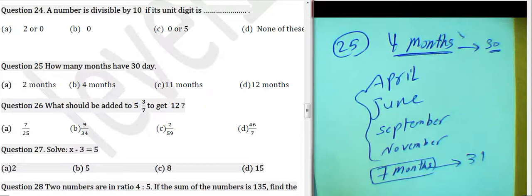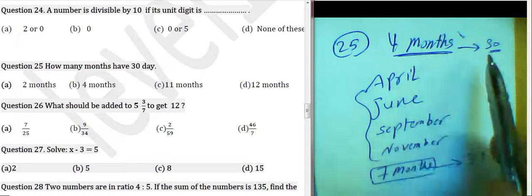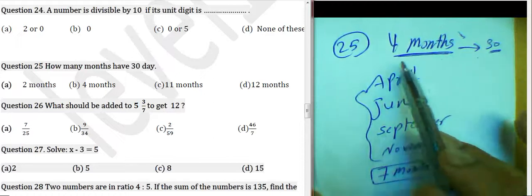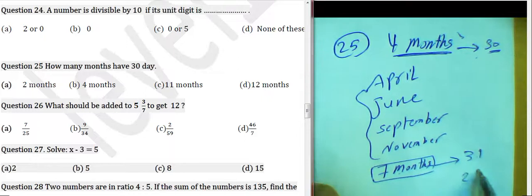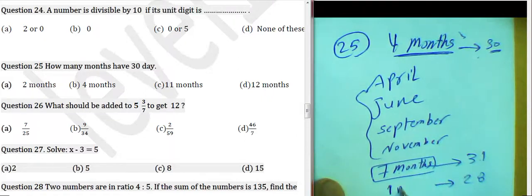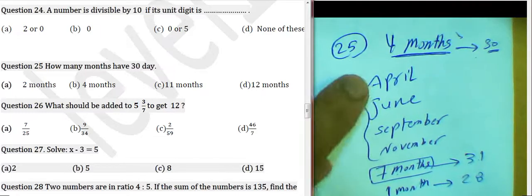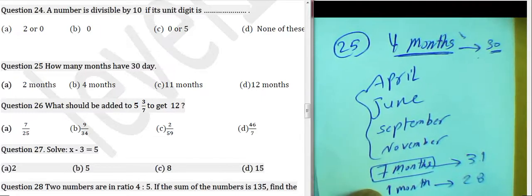So in this example, he asked how many months have 30 days. 4 months: April, June, September, November. And 31 days is 7 months, and 28 days, 1 month. So 4 plus 7 equals 11, 11 plus 1 equals 12.